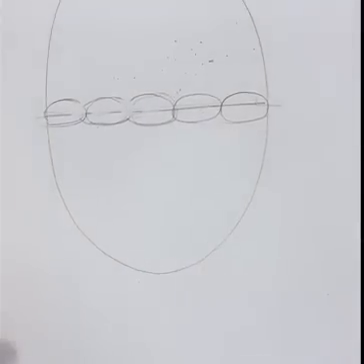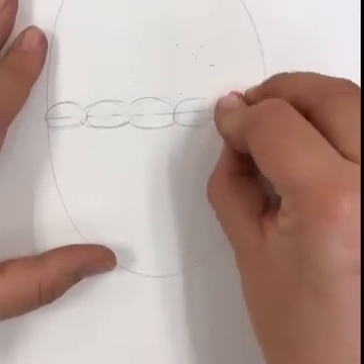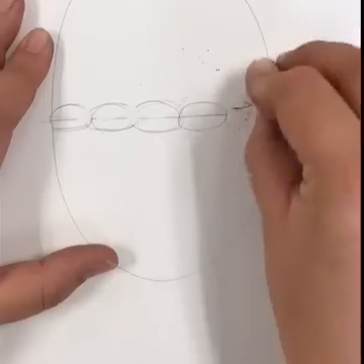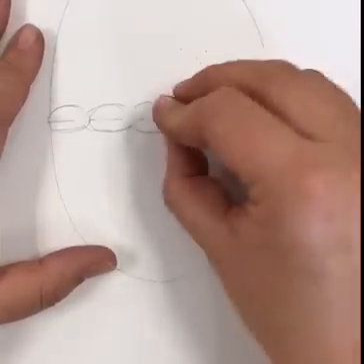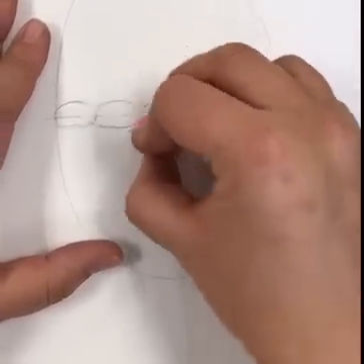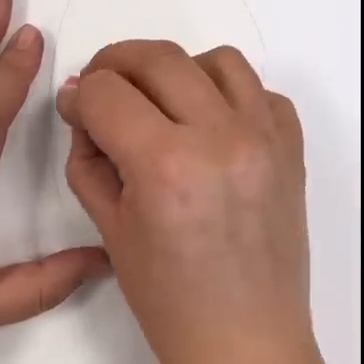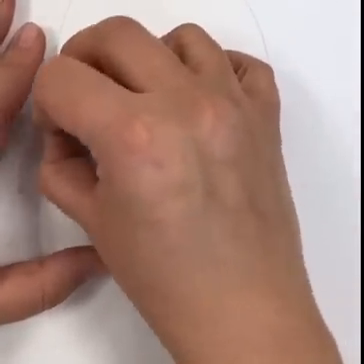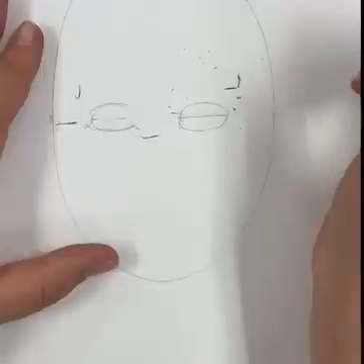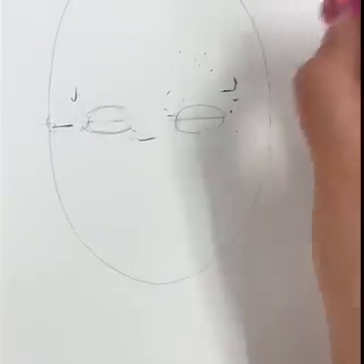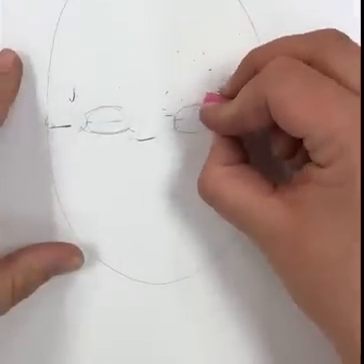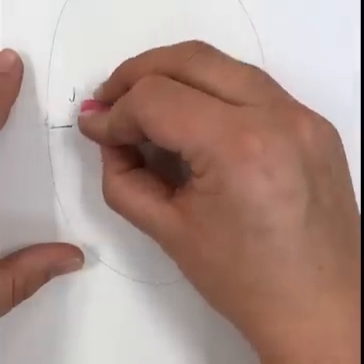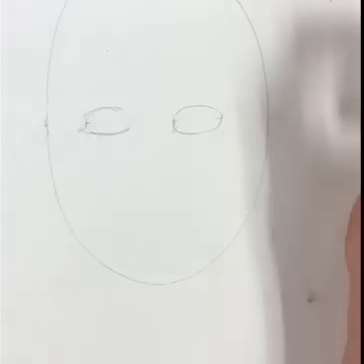So we're going to go back in and erase the eyes that we don't need. And we can erase that line that goes across the center as well. All right, so now we have these general shapes of where our eyes are going to be.